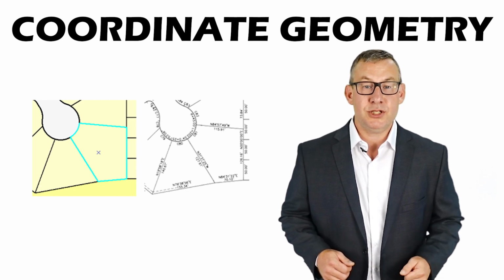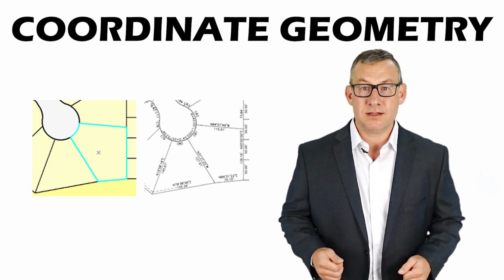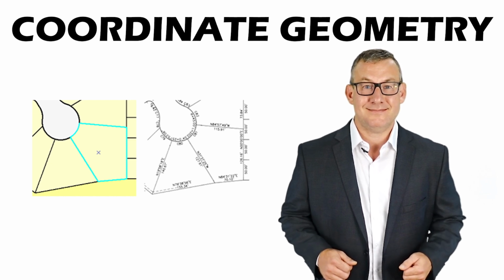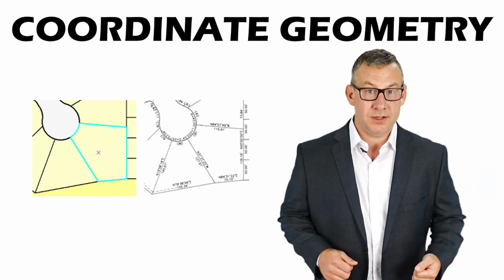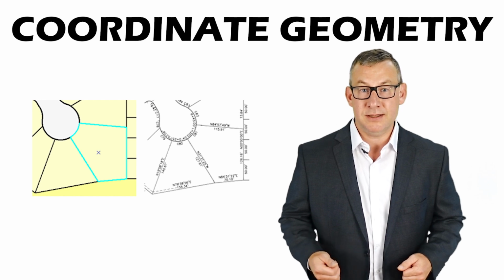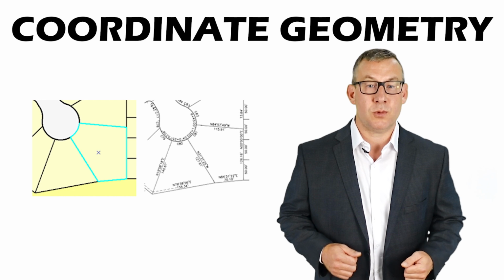Coordinate geometry is used to draw points, lines, and polygons using survey points and measurements. Coordinate geometry measurements consist of a starting point, called a station, and a list of directions called bearings to subsequent stations.